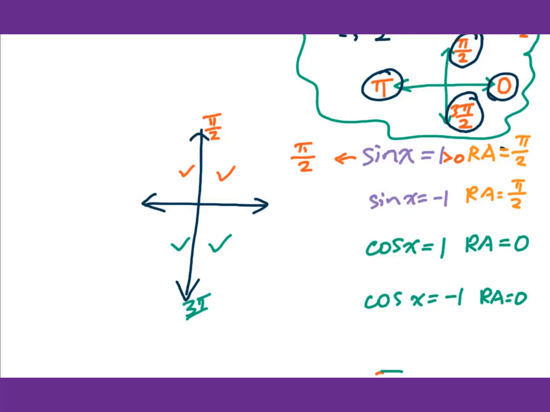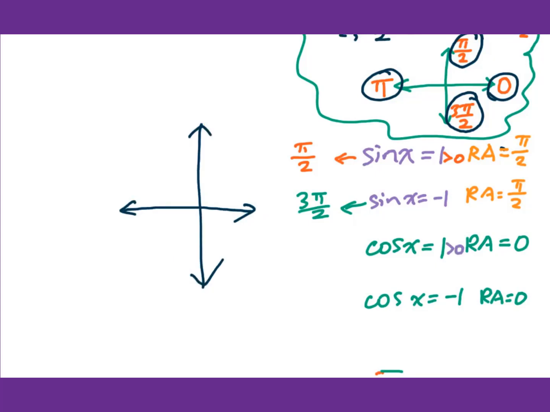Therefore, we have 3 pi over 2. For cosine x equals 1, this is positive, which means the first and then the fourth quadrant. Only 0 will be the solution.